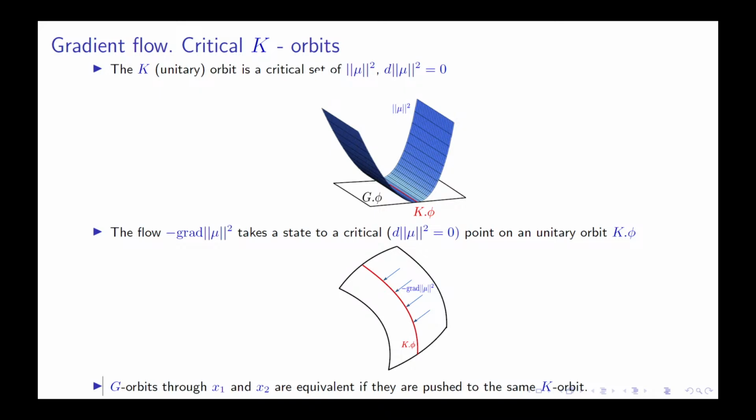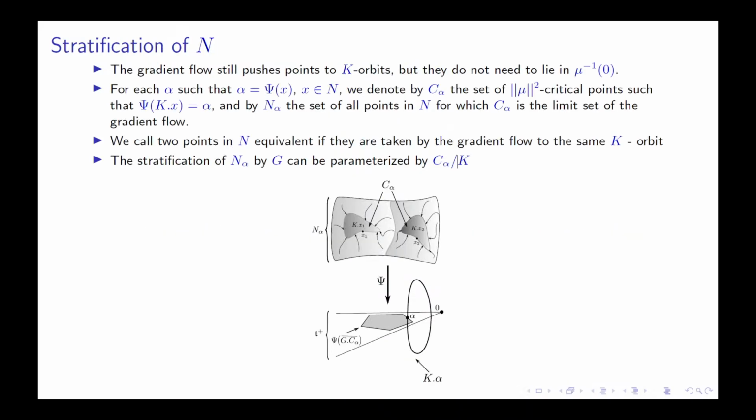Such a flow by the minus gradient takes a state to a critical point on the orbit. So the orbits through x1 and x2 are equivalent if they are pushed to the same K orbit, which was clear from the previous one. So this is the complicated topological classification.